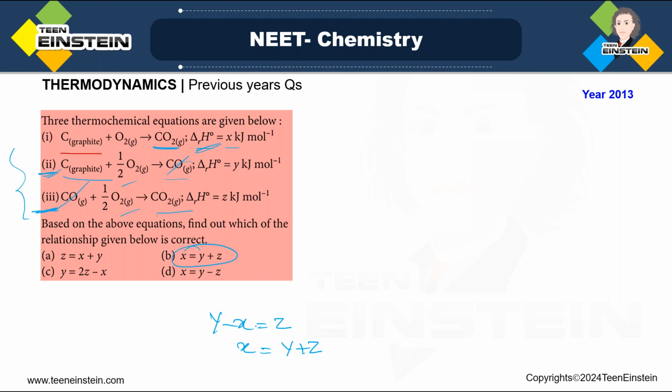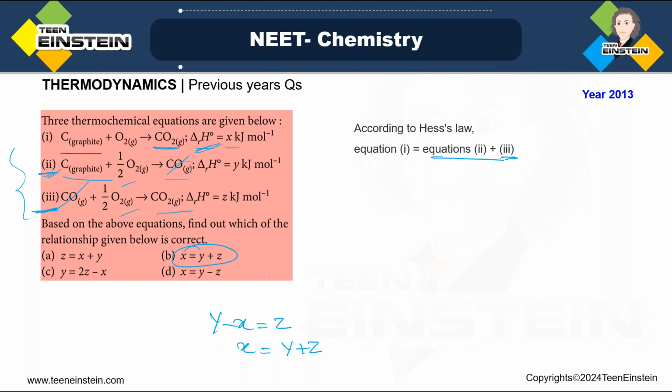So somehow you have to find the relationship, whether you add 2 and 3 to get 1, or subtract 2 from 1. Anyway, both will give you the same result. In this case, I have added equation 2 and 3, and you are getting directly the correct answer, which is option B. But you can also do it the other way, that is, equation 1 minus equation 2.